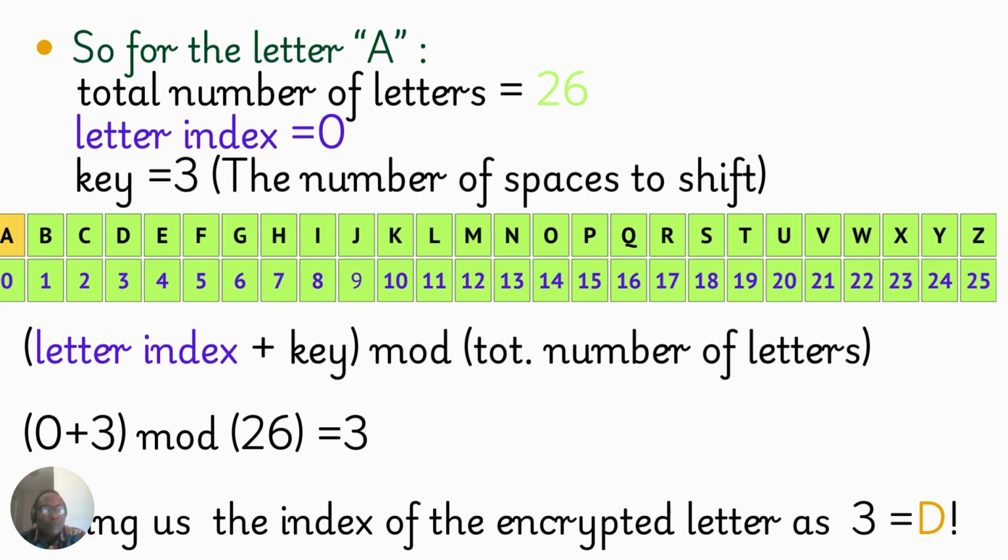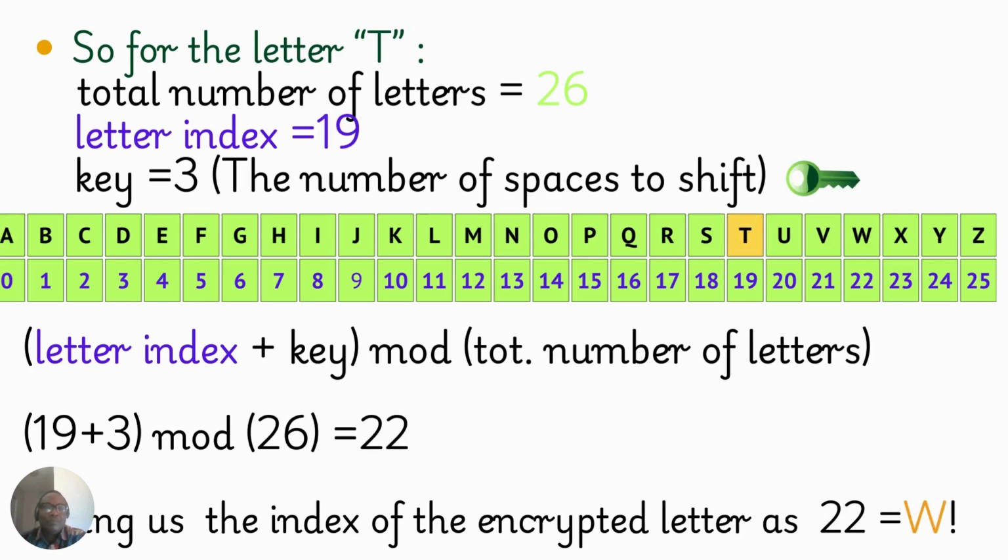Let me give you another example with the letter T. For the letter T, we know that the total number of letters is still 26. The letter index is 19. And the key is 3 because we are using that same key, which is a number we have chosen.